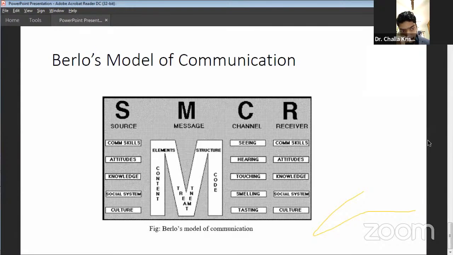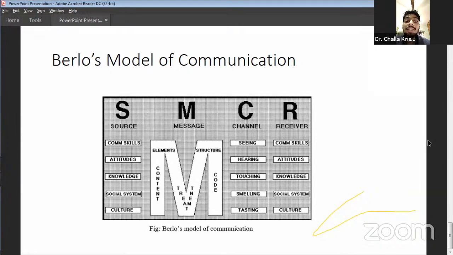If you see properly, under sender or source, you have communication skills, attitudes, knowledge, social system, and culture. And under receiver, you have communication skills, attitudes, knowledge, social system, and culture. For a sender to send the message and for the receiver to understand the message, both of them need communication skills.